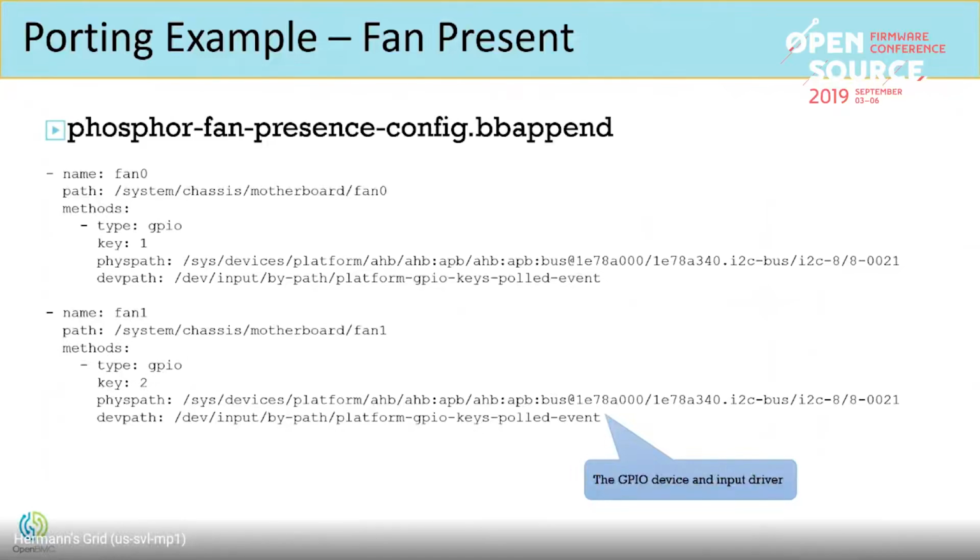So here we define fan 0, which should be checked by a GPIO. The GPIO input is read from that physical path, and it is polled by the kernel. And when the GPIO is pressed, it means that this fan is present. And when the GPIO is unpressed, the kernel knows the fan is unplugged. So this YAML config will tell the fan presence service to detect if the fan is present or not.